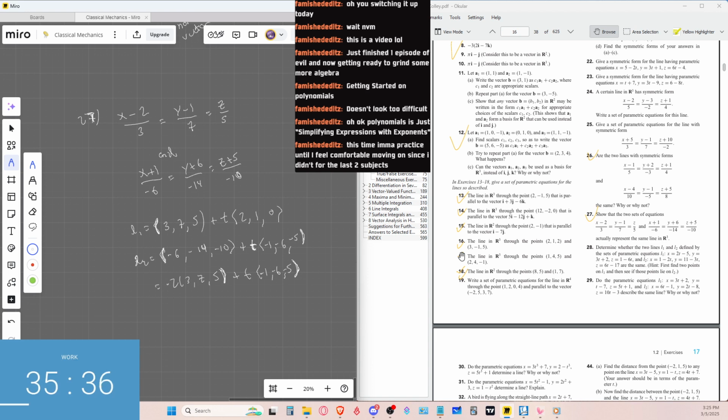But the one thing is, how do I represent it like that? Do I have to do it in this form, or do I have to do it in another form? Because we also have a z component here.